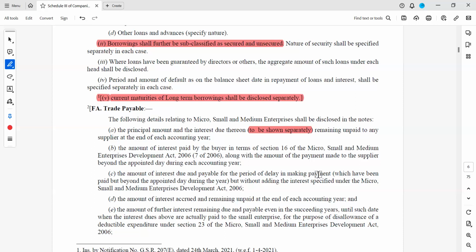The amount of further interest remaining due and payable even in the succeeding years, until such date when the interest due above is actually paid to the small enterprise, for the purpose of disallowance as a deductible expenditure under section 23 of the MSME Act. So if you are not making payment, then that amount will not be allowed as a deduction. That is what they're trying to say.